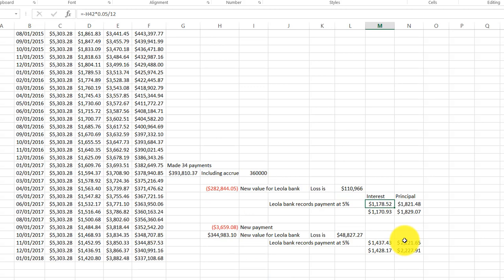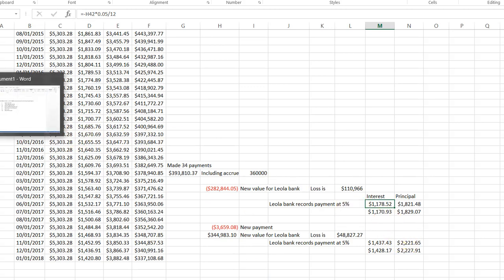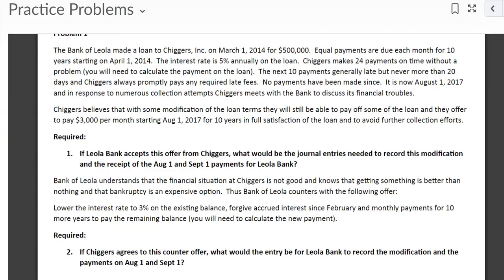Okay? Now the bank comes back with a different offer that's a little better for the bank, but showing good faith, wanting to give a better deal. So this one is going to be at an interest rate of 3%, same 10 years, and we're going to forgive some accrued interest.